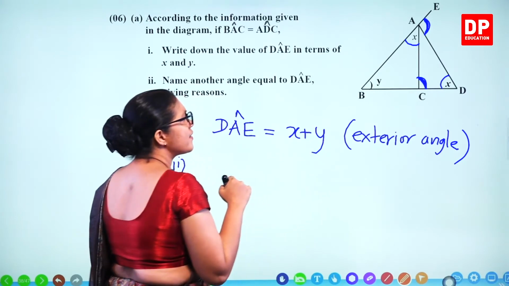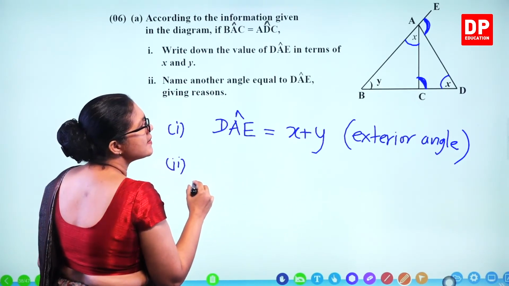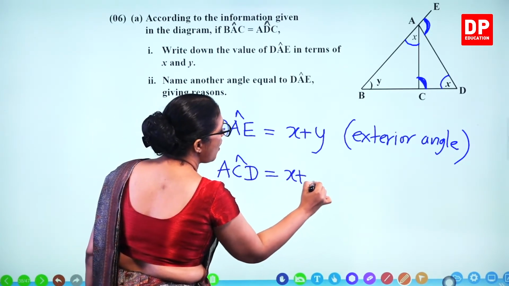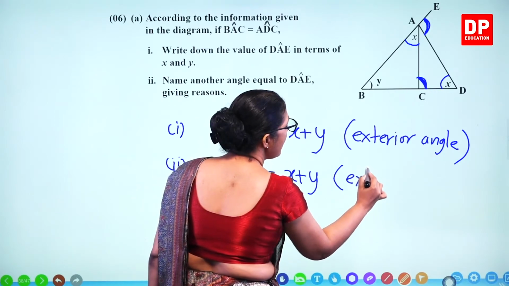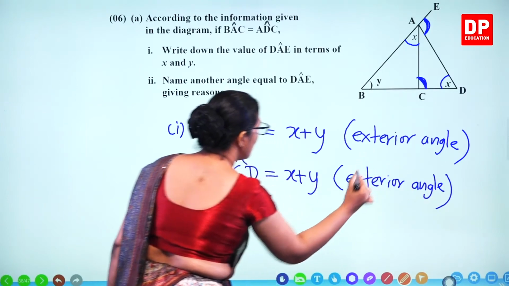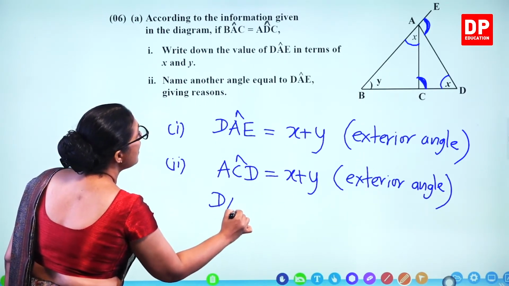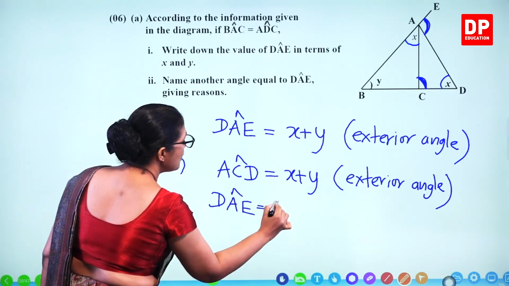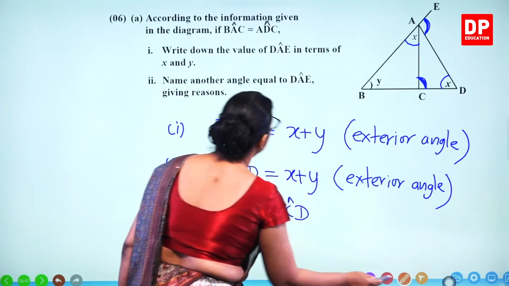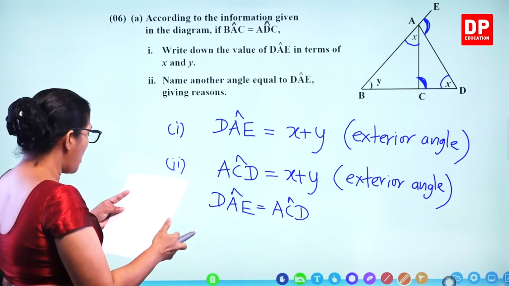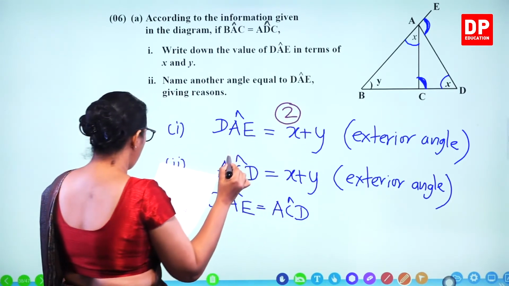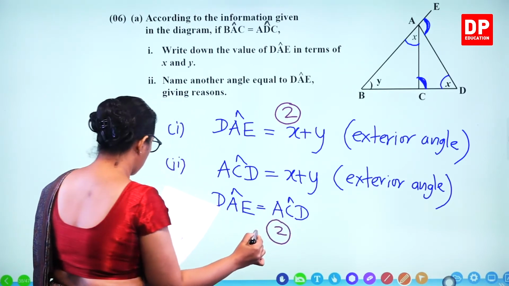That's also x plus y. So ACD angle is x plus y because of exterior angle again. So we can write DAE angle is equal to ACD. So how many marks for part 1? You get 2 marks for this step and ACD 2 marks.